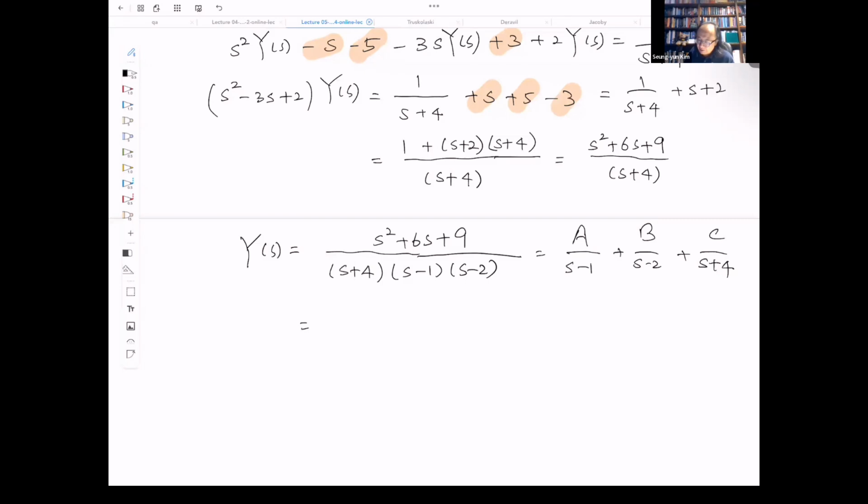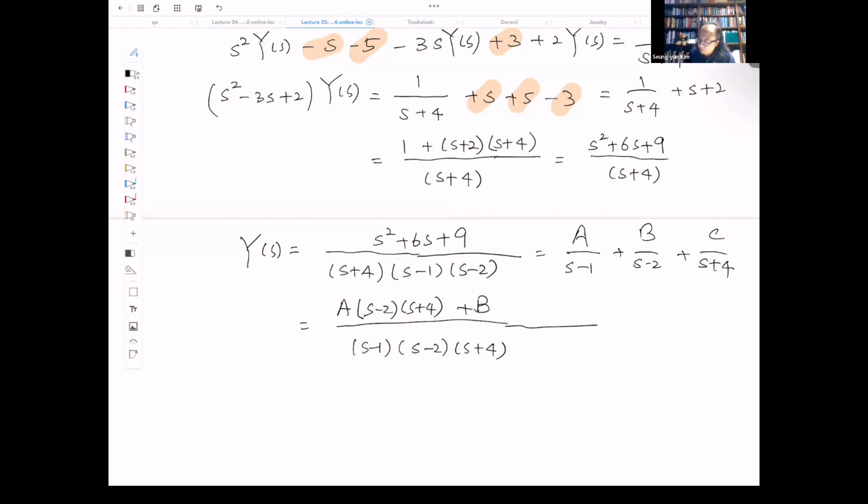Let's have the common denominator: s minus 1, s minus 2, s plus 4. For the A term, I have s minus 1 in the denominator, so I need s minus 2 and s plus 4. For B, I have s minus 2 in the denominator, so I need s minus 1 and s plus 4.